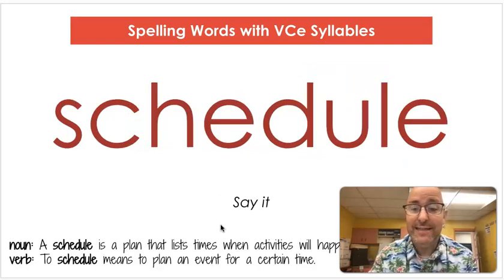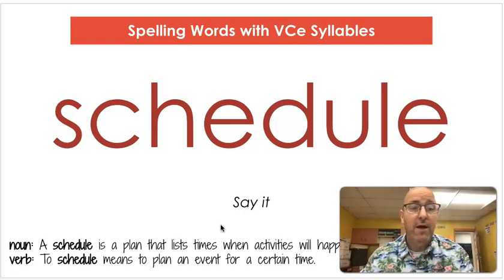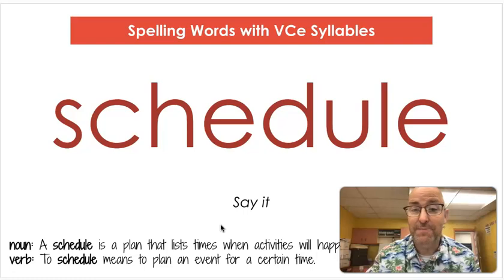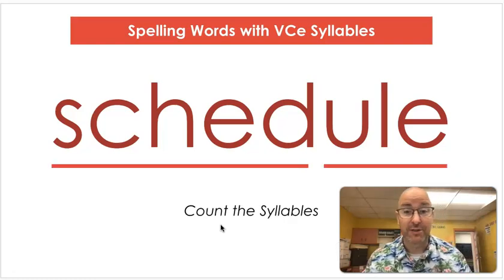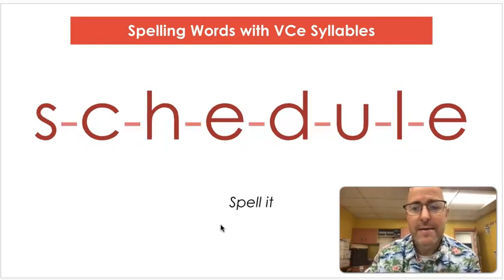The next word is schedule. Say schedule. As a noun, a schedule is a plan that lists times when activities will happen. As a verb, to schedule means to plan an event for a certain time. Let's count the syllables. Schedule. Let's spell it.